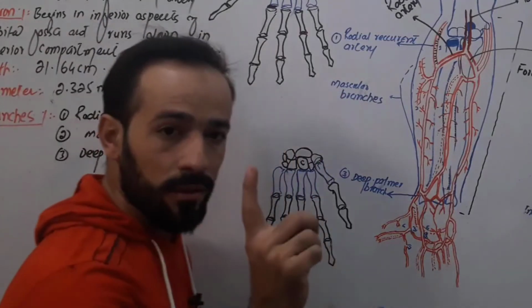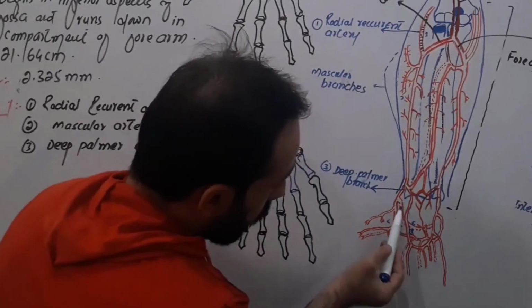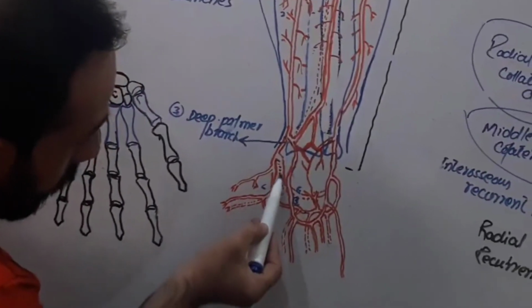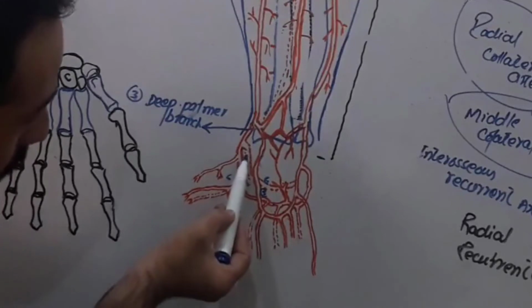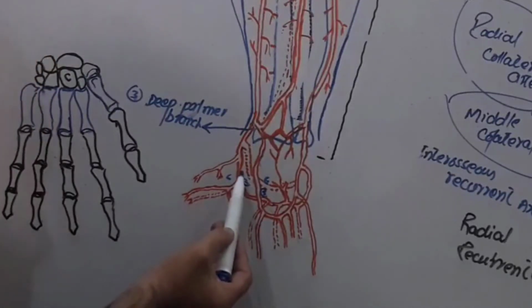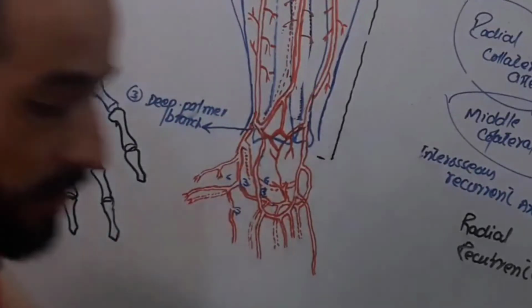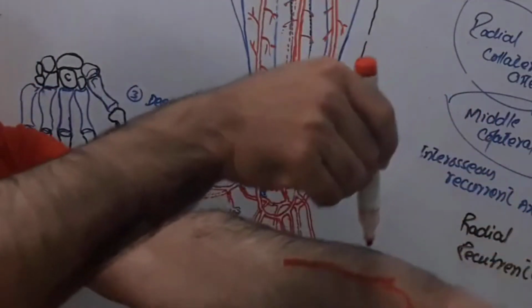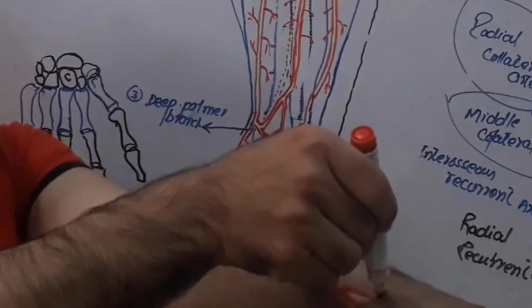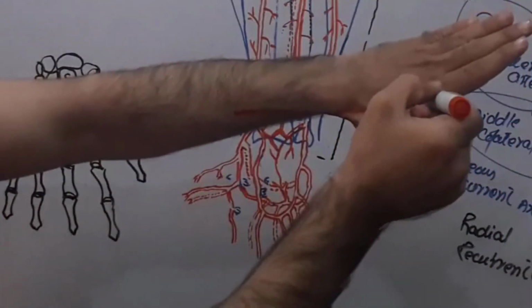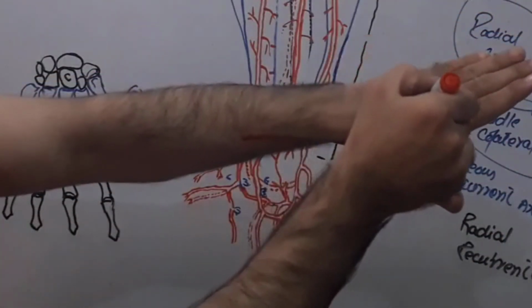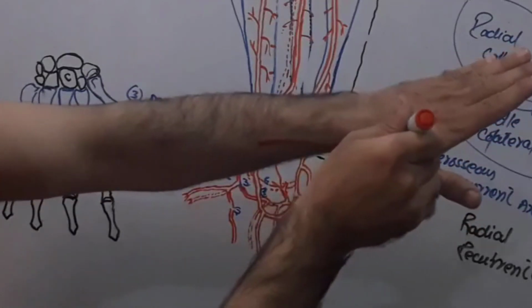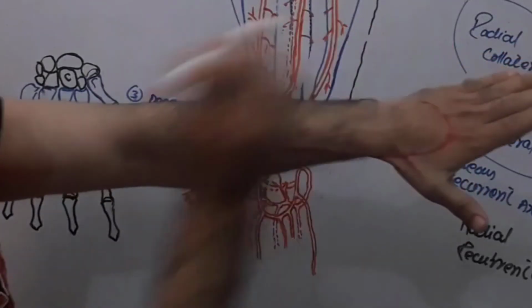Now look carefully, my dear friends. This artery is represented in a dotted manner. As this artery came to the palmar surface, from here another artery goes like this to the dorsum of the hand, right? This is the dorsal surface. So this artery is going like this, right?